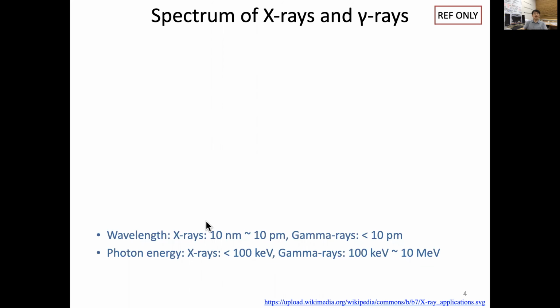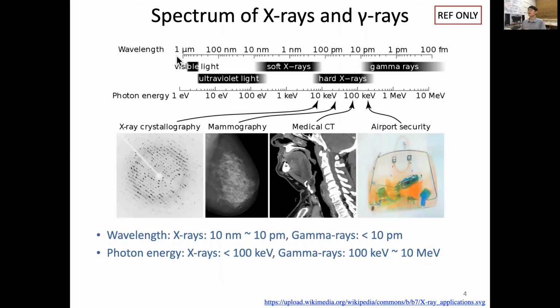So before getting into nuclear medicine, I want to discuss a little bit of the spectrum of this ionizing radiation. Ionizing radiation is, for example, X-rays and gamma rays. And let's see the spectrum. Okay, so wavelength-wise, visible light is 0.4 to 0.7 micron.